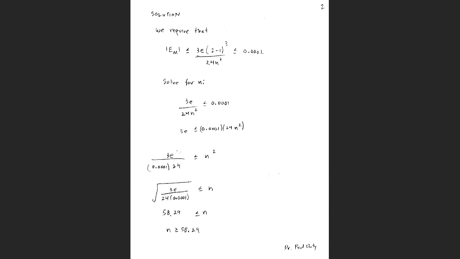What we're requiring is that the error for the midpoint rule approximation be less than 1/10,000th. So we can assure that if we set our error bound to be less than or equal to 1/10,000th.